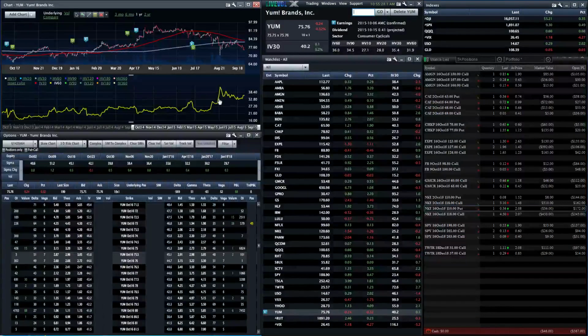Okay? This is our historical implied volatility chart. What do you guys think, over the year that this is showing here, what would you approximate the average implied volatility? There you go, Charles. Charles is right on target.